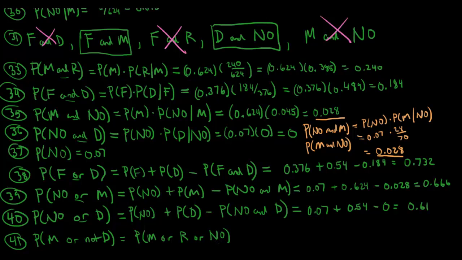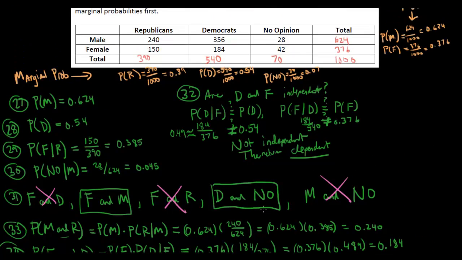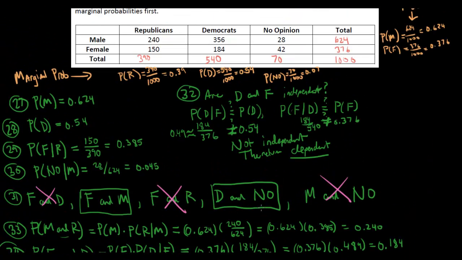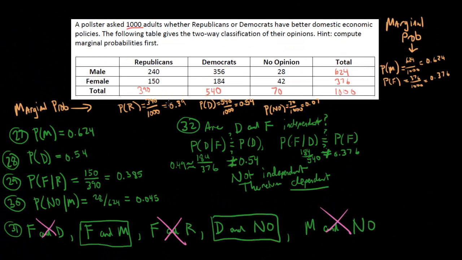The hint I give you, if this weirds you out, is to use the idea of the complement. Now let's go back up to our two-way classification table. So we're looking for the people that are male or Republican or no opinion. So we're looking for people that are male.